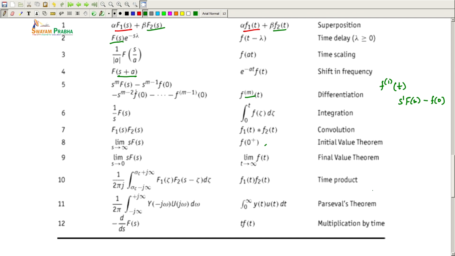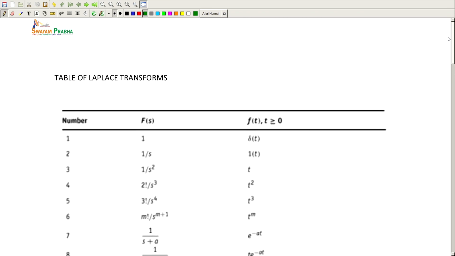Now, based on these properties and some others, we can easily derive the Laplace transforms for simple time domain functions. So, for example, if we say f of t is 1 for t greater than or equal to 0 and 0 for t less than 0, then we can just substitute in that expression.